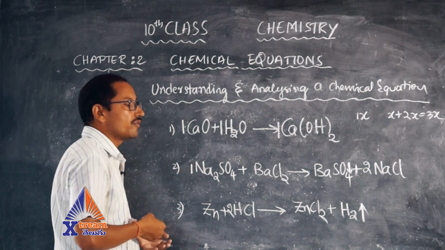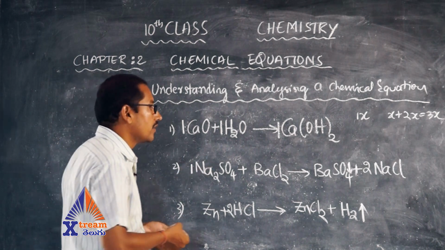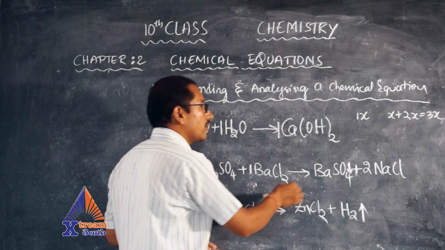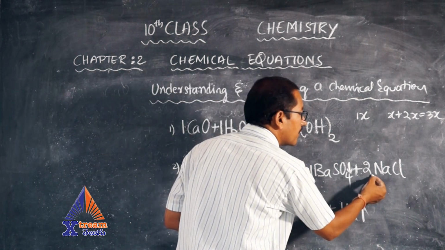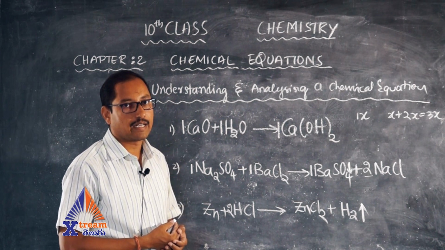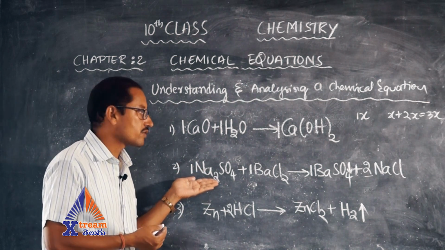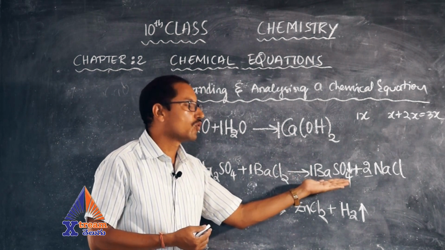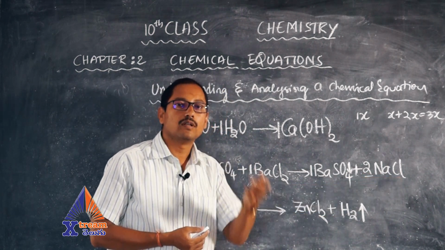So one molecule of Na2SO4, that is nothing but one molecule of sodium sulfate, reacts with one molecule of barium chloride to give one molecule of barium sulfate and two molecules of sodium chloride, NaCl.